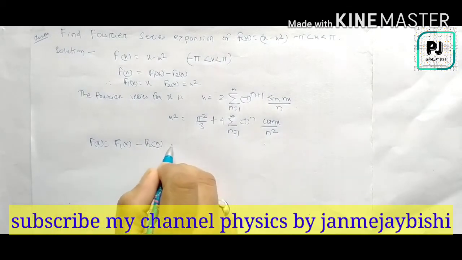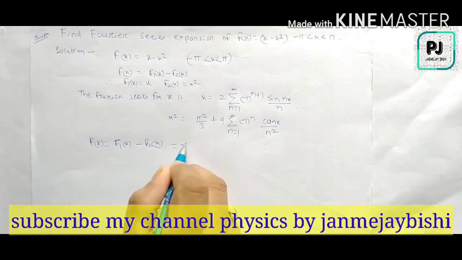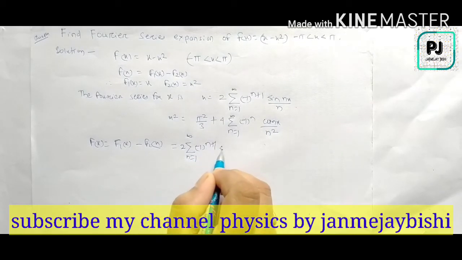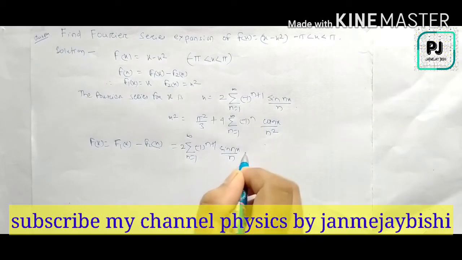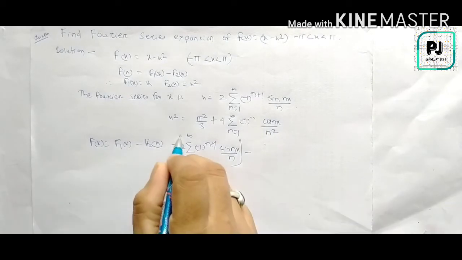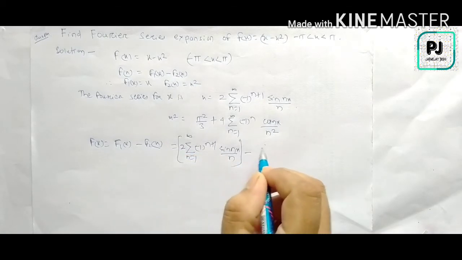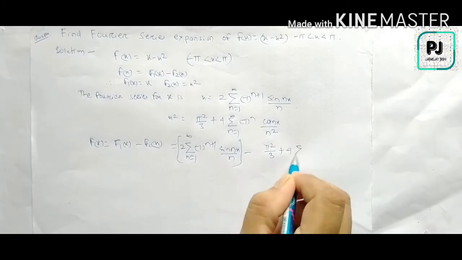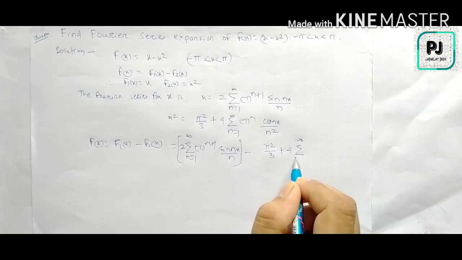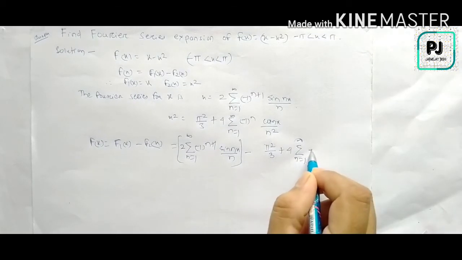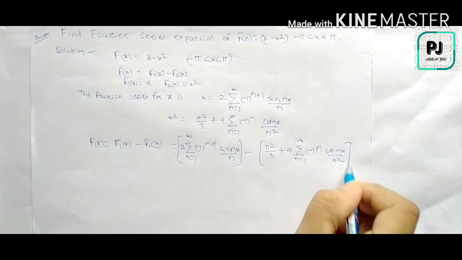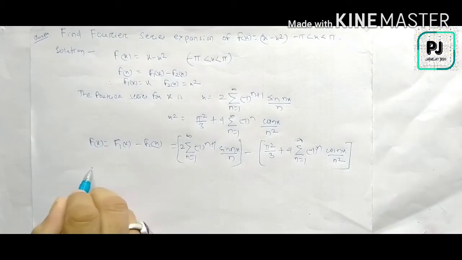So now we'll put this value: 2 summation n equals 1 to infinity of (-1)^(n+1) sin nx divided by n, for the value of x, minus for the x square, pi square by 3 plus 4 summation n equals 1 to infinity of (-1)^n cos nx by n square. So now we have to solve this one.